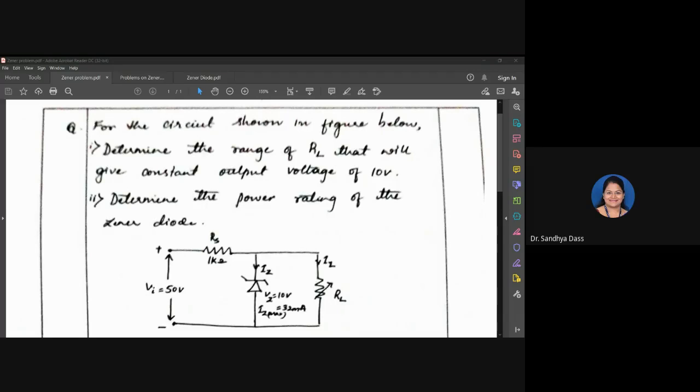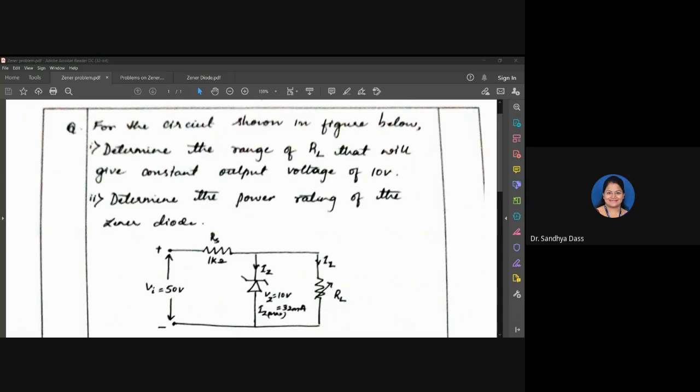So now RL will be equal to VZ by IL. VZ is 10 and IL you have just now noted it is 40 milliamps.